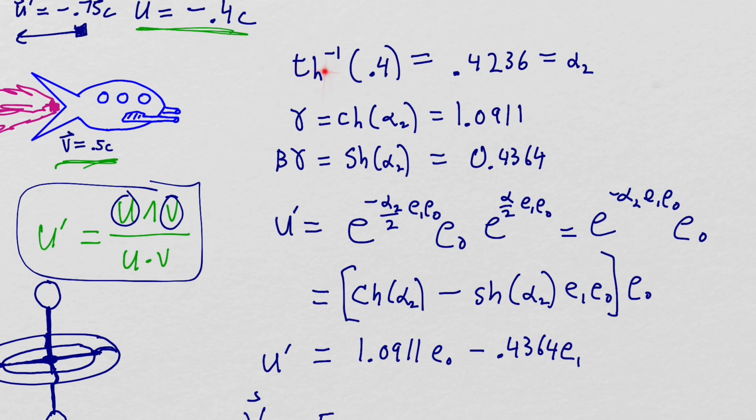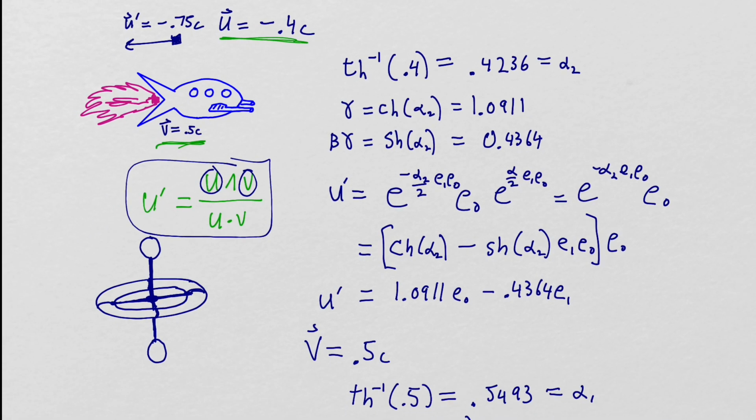This means inverse hyperbolic tangent. This is hyperbolic cosine, that's hyperbolic sine. This is the inverse hyperbolic tangent. So we know that the rapidity of the bullet, the bullet is going at 0.4c. So the rapidity of the bullet is the inverse hyperbolic tangent of 0.4, which is 0.4236.